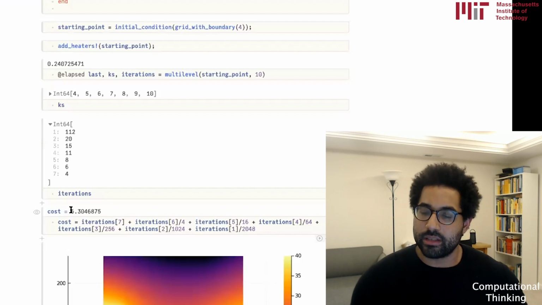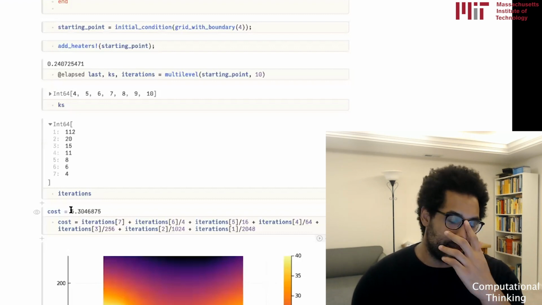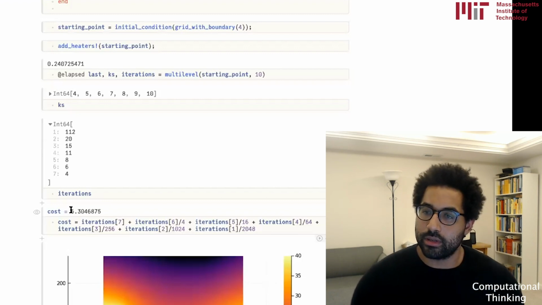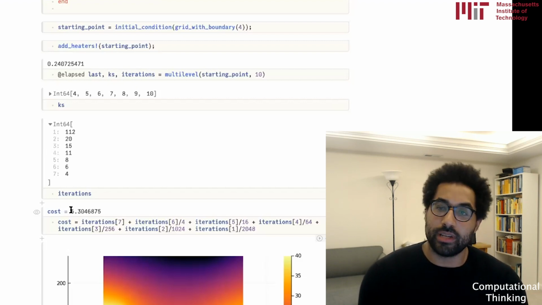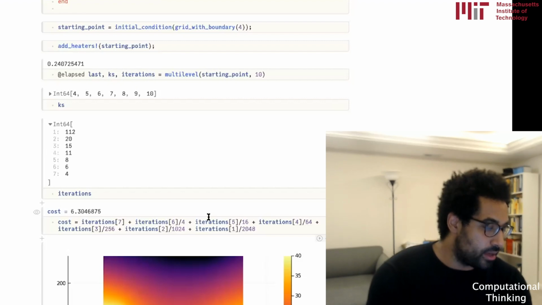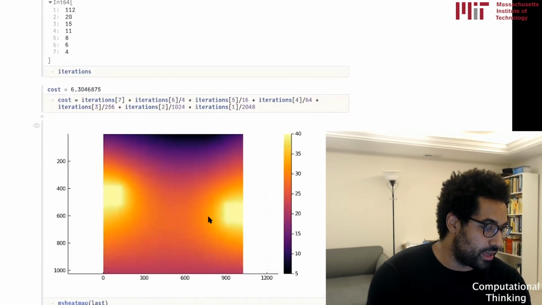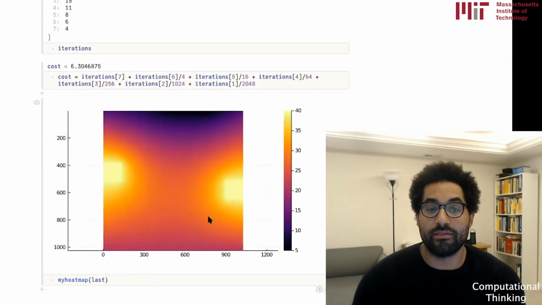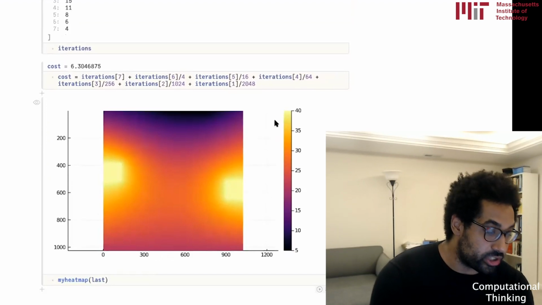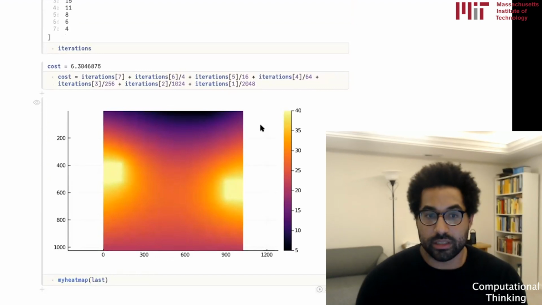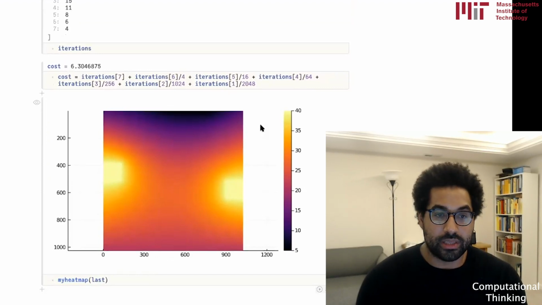What we're fundamentally concerned with is the continuous solution, and we get to choose which grid we want to use when. Using this multi-level procedure, we did the equivalent of 6.3 iterates of Jacobi, yet our solution looks almost like the exact solution.